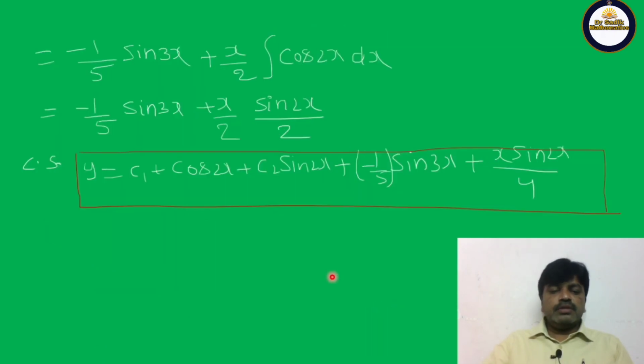Now here 1 by D means integration, so the integral of cos 2x gives sin 2x by 2. Simplify it, and finally we get the particular integral. So you add the complementary function and particular integral, and we get the required solution of the given problem.